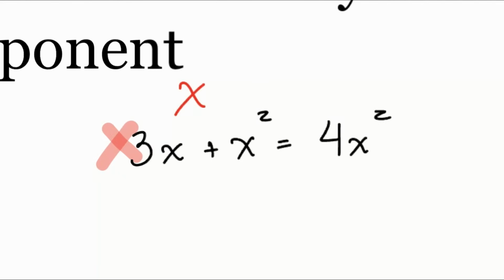Everybody, do we have the same exponent here? No, we do not. So although at face value, if you're rushing yourself, if you're a little anxious in the moment, we might believe that we can add these together, but no, even though we have the same letter, we need the same exponent on those variables to be able to add it.